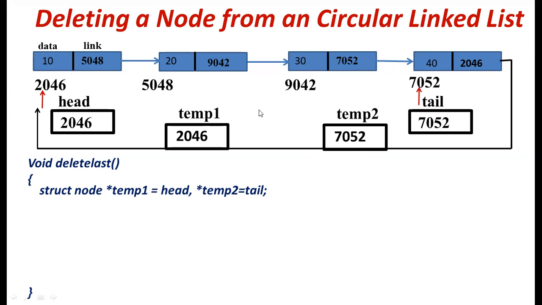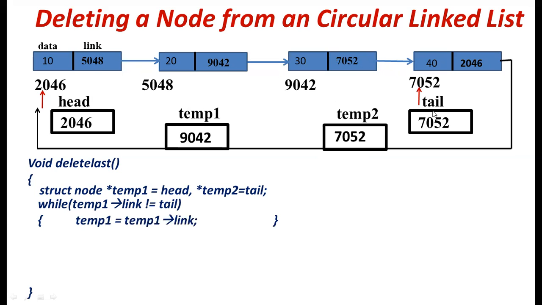For the logic, what we are writing is: while temp1 link is not equal to tail value, temp1 is equal to temp1 link. So first the temp1 value is 2046, the head value, and 2046 link is 5048. 5048 is not equal to 7052, so it will move here. Now 9042 is not equal to 7052, so we will move here.